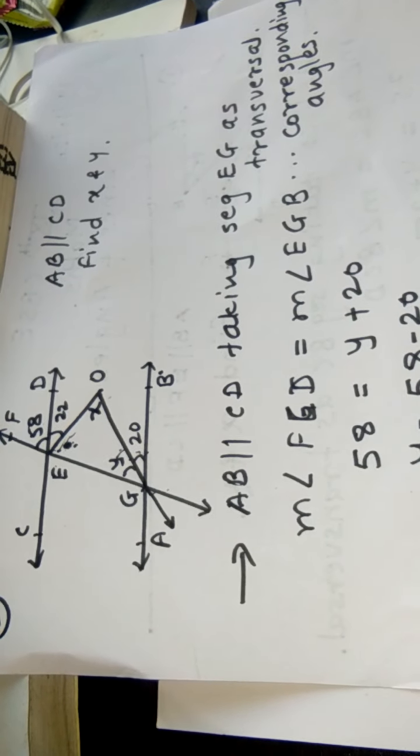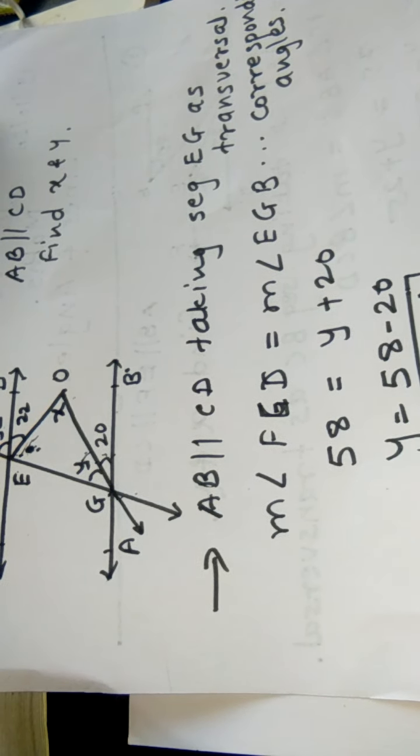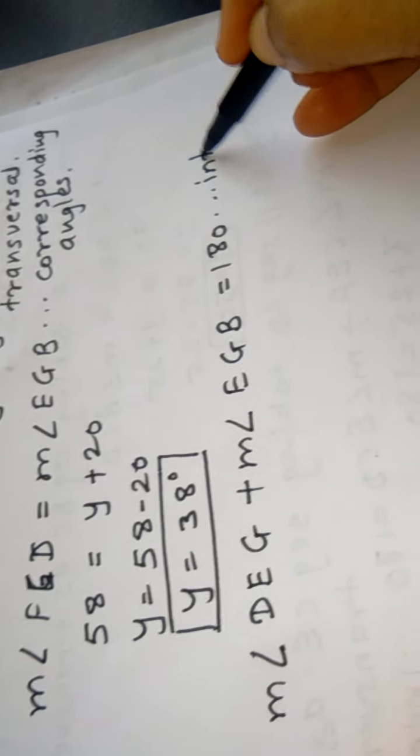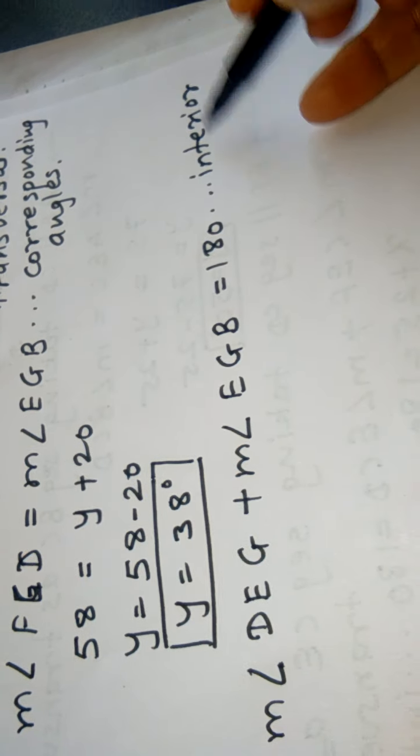Now see, measure of angle DEG, see the figure, plus measure of angle EGB is equal to 180. Why? Because they are interior angles.